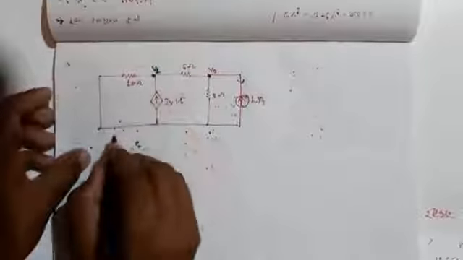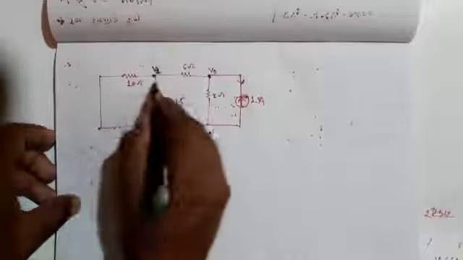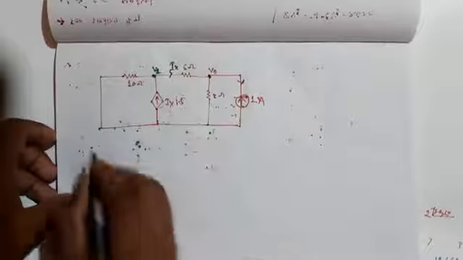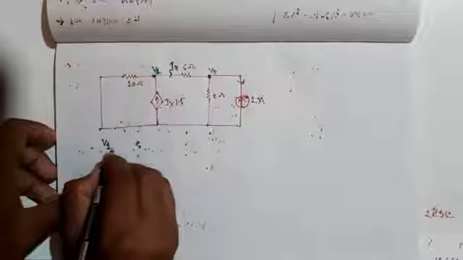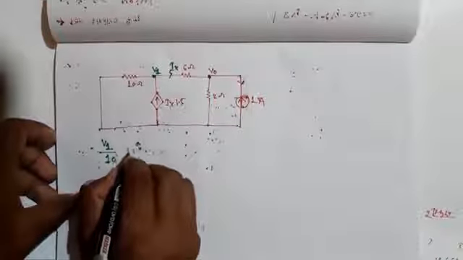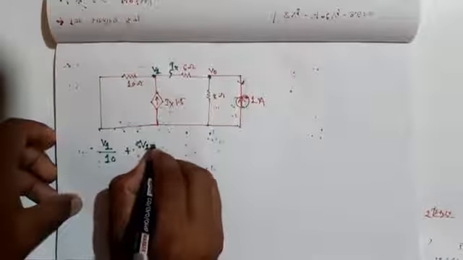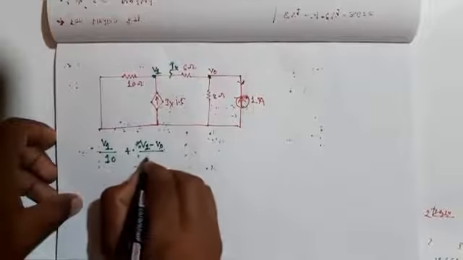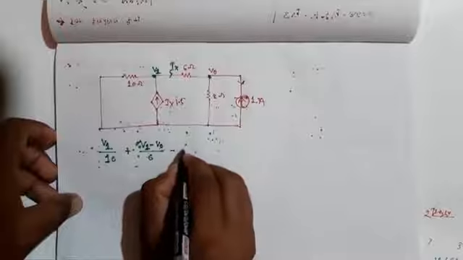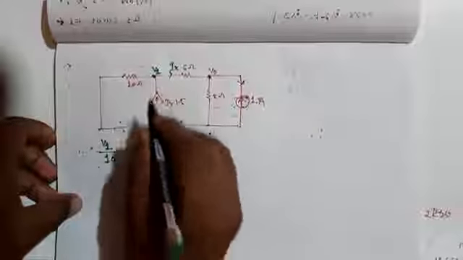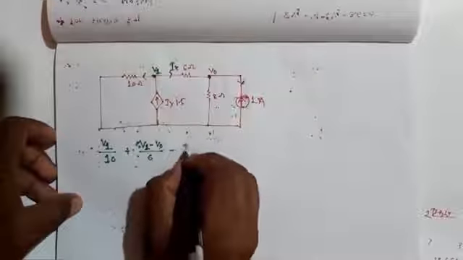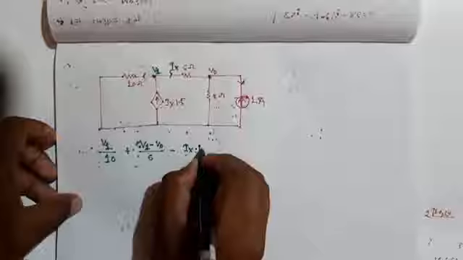Let's apply the node equation, first at node 1. This is IX. This is V1 divided by 10, plus V1 minus V0 divided by 6, then minus IX into 1.5. It is minus because the current direction is upward.